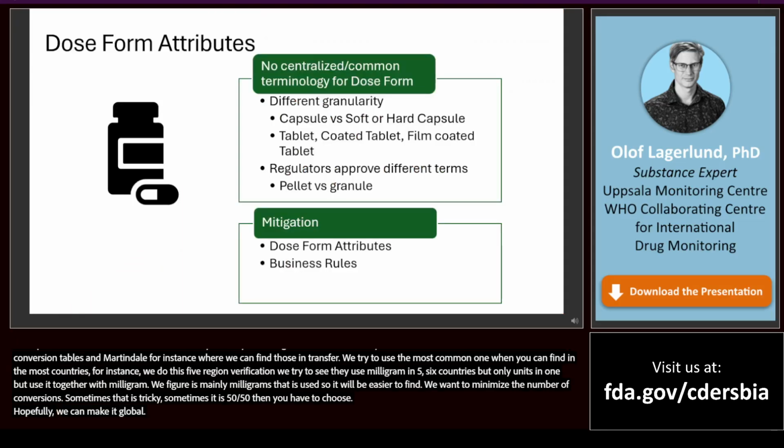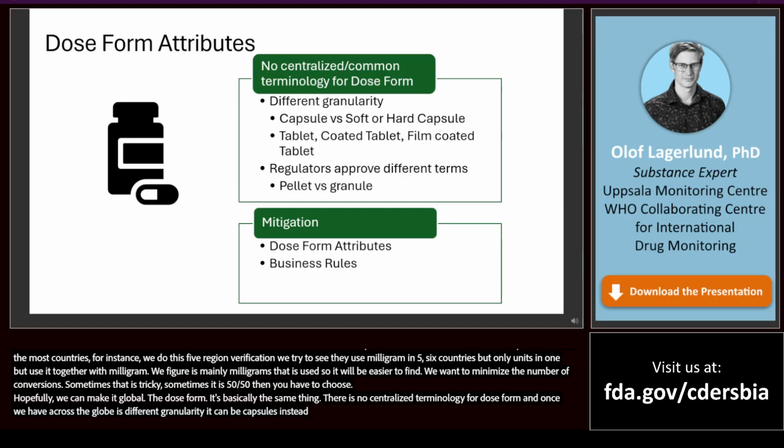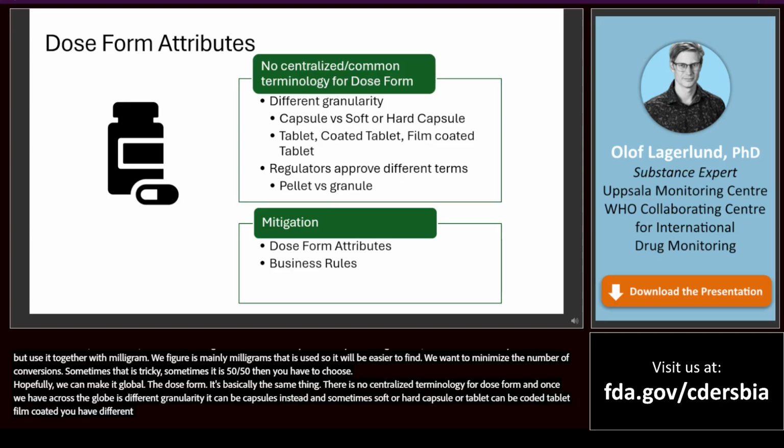The dose form is basically the same thing. There's no centralized terminology for dose form, and the ones we have across the globe have different granularity. It can be capsules, and sometimes you have soft to hard capsule, or a tablet can be coated tablet or film coated tablet. You also have different terms approved, like pellet versus granula.